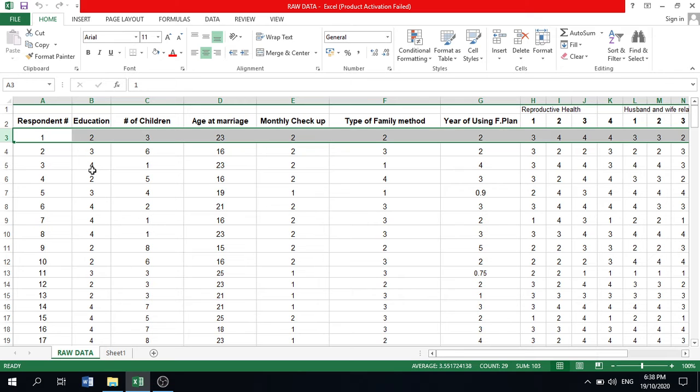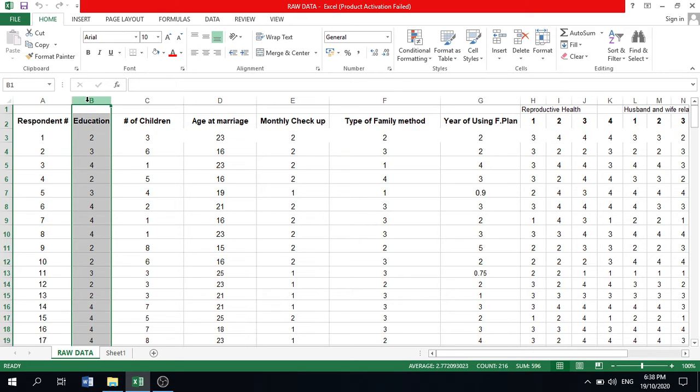Another is this, education. You'll see that there are numbers that say 2, 3, 4, and such. But how does it represent the education of the respondent?